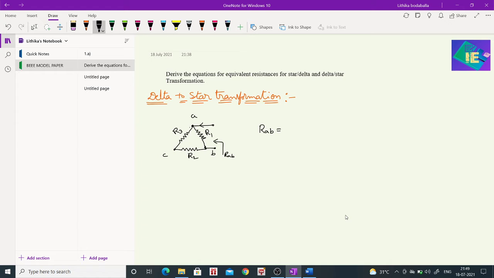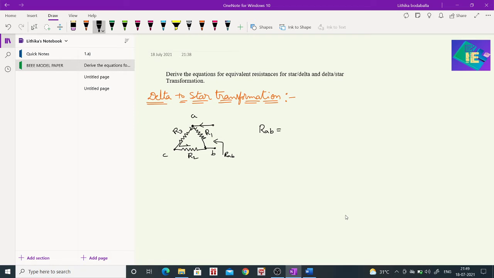At this node, the current is dividing. Whatever the current flowing through R3, the same current will flow through R2. Means R3 and R2 are carrying the same current. So, R2, R3 are in series. The combination or the equivalent is in parallel with this R1.